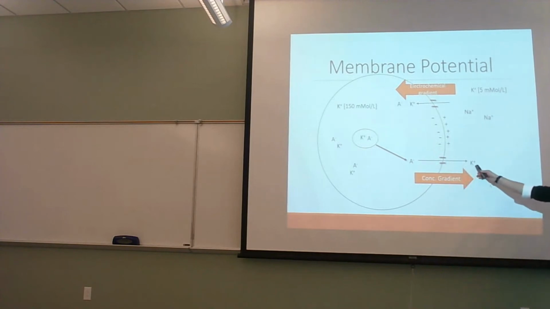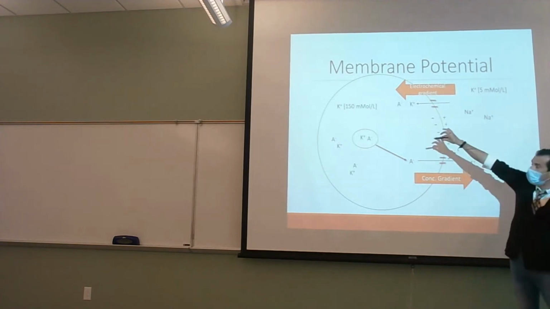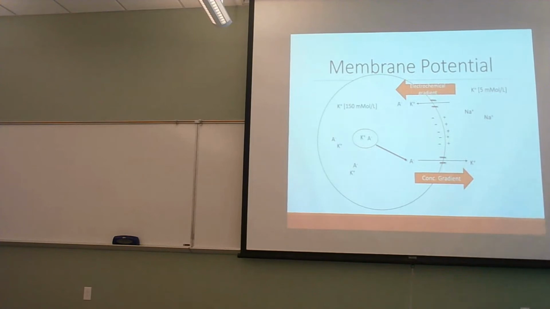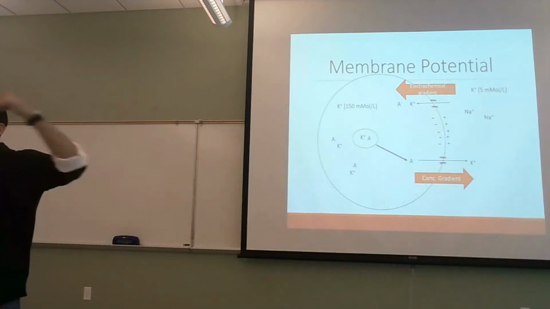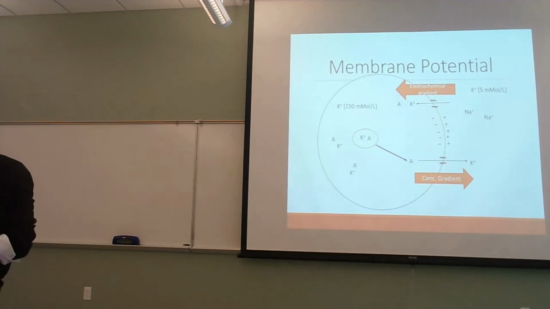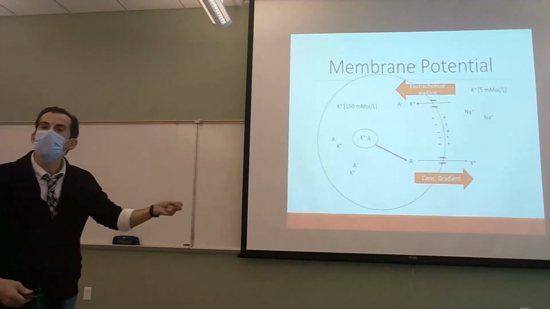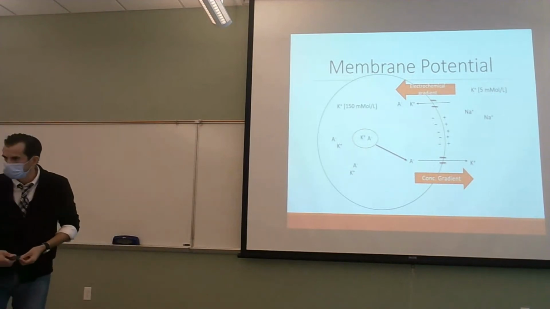So that same potassium is pulled back inside the cell again along a force called the electrochemical gradient. It leaves the cell by its concentration gradient. It's pulled back across again in the opposite direction because of the created electrochemical gradient.